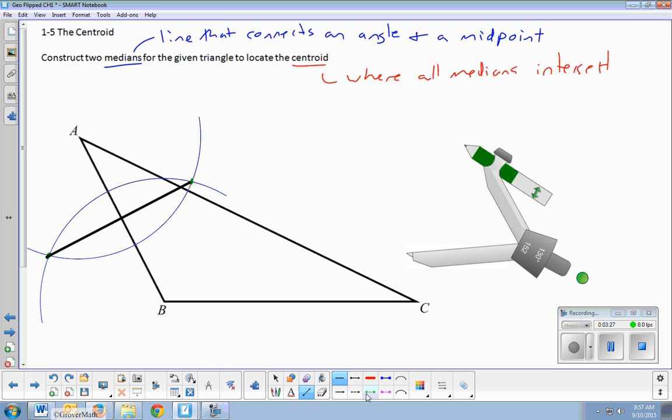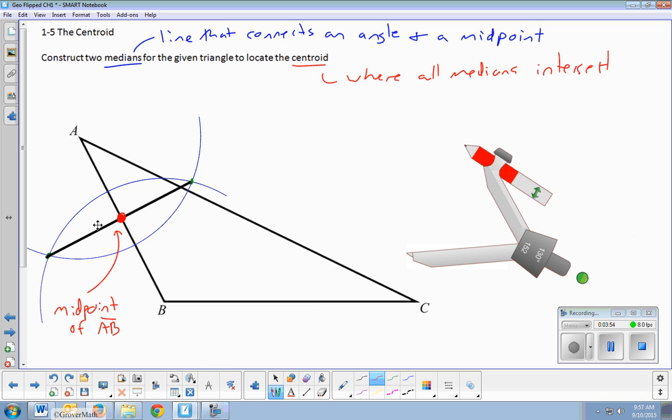That's the perpendicular bisector, but I don't care that it's perpendicular here, I care that it's bisecting AB. So that means that this is the midpoint of AB. It's basically the point in the middle.